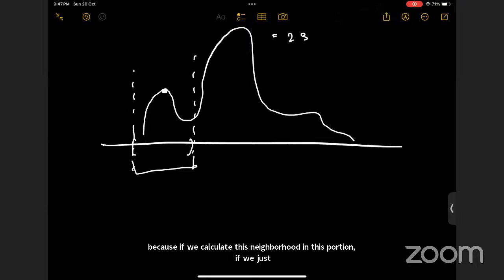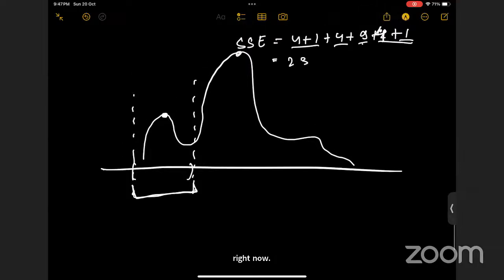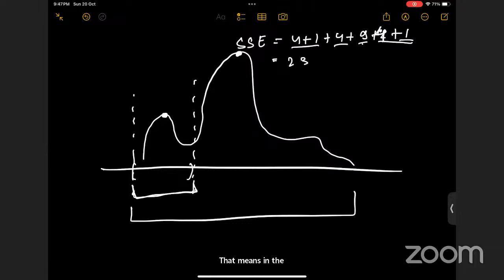But this is not global. This point is the global one, that means in the whole domain this point is the highest. So this is the difference between a local maxima and a global maxima. Local maxima means it's a maxima locally, in some interval. Yeah, ma'am, I got the point, but actually I am not able to compute minima and maxima from an equation.